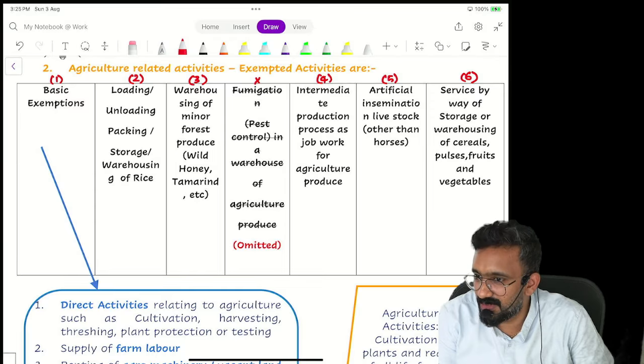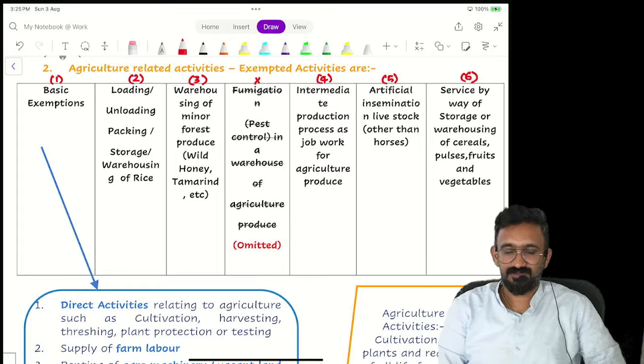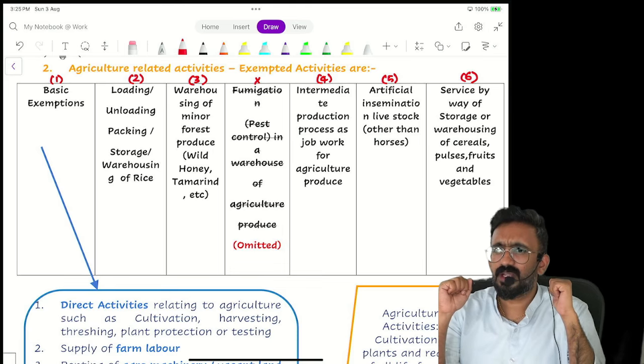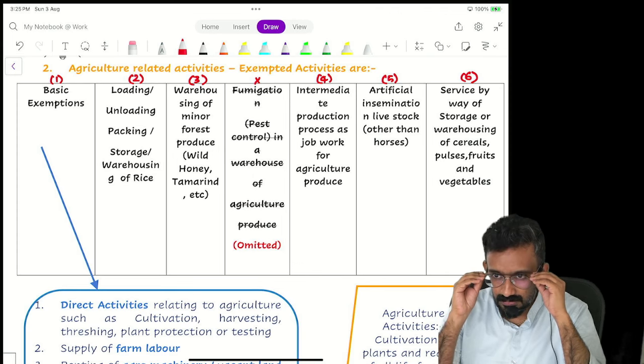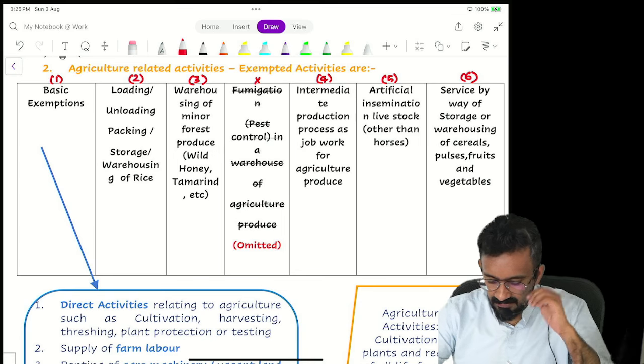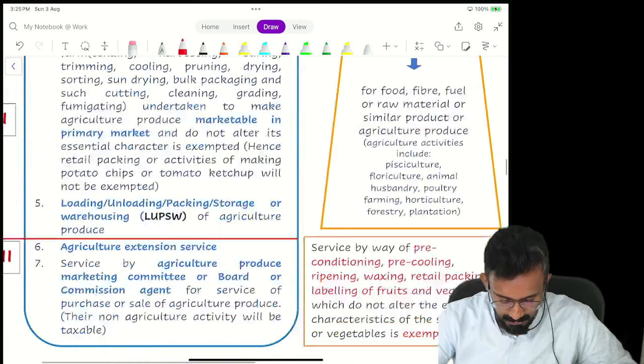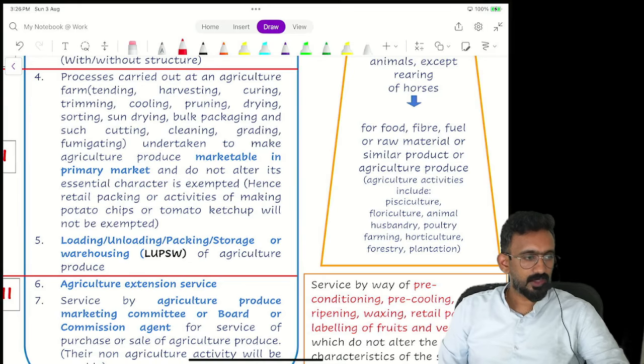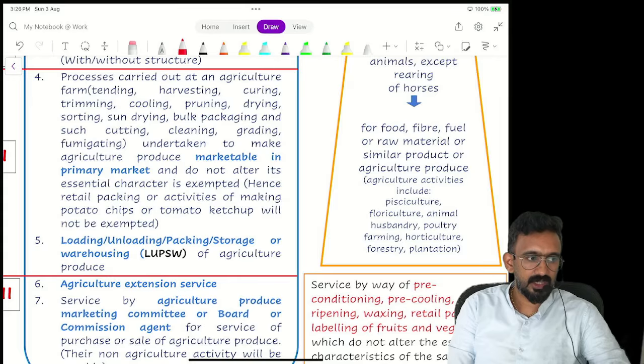My next question would be this. If that's the case, what do you mean by job work? What's the difference between point number 4 and point number 4 here? Here also it is talking about processes carried out at agriculture farm to make agriculture produce marketable in primary markets.